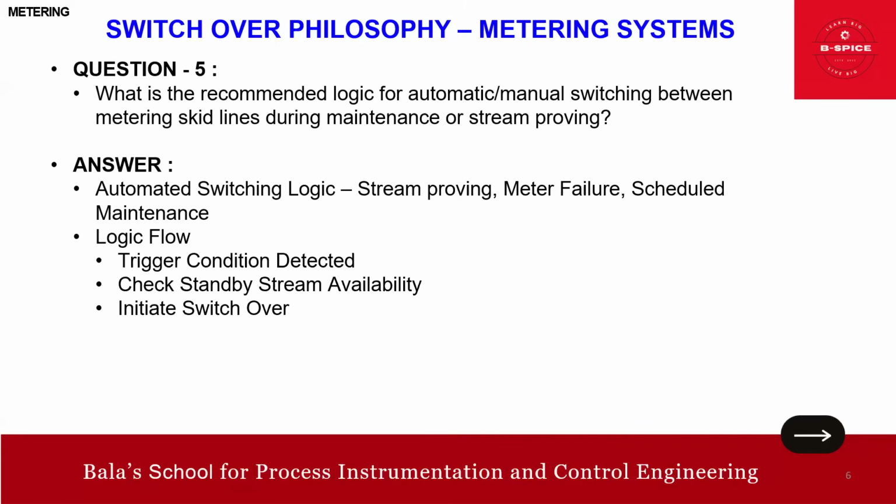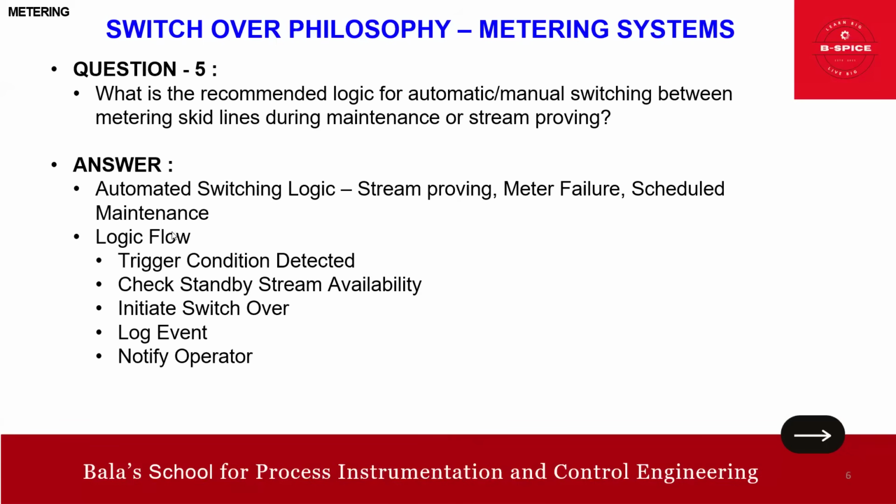Okay. Then update the flow computer and SCADA with the new active stream. Then log the event, meaning the timestamp, all these. Okay. Then notify the operator, SCADA alert or HMI message.